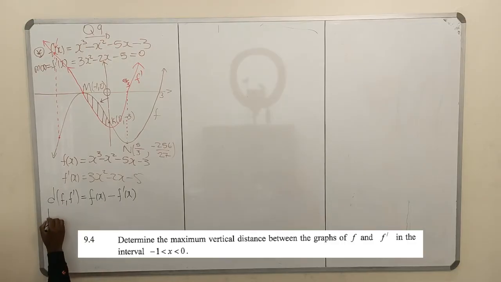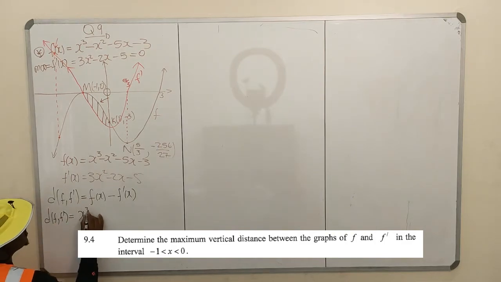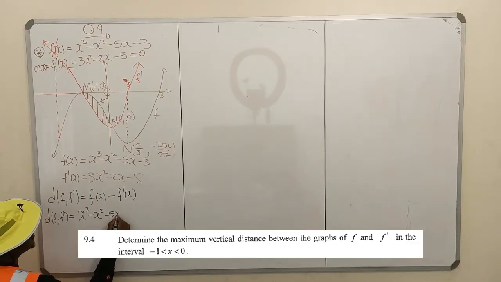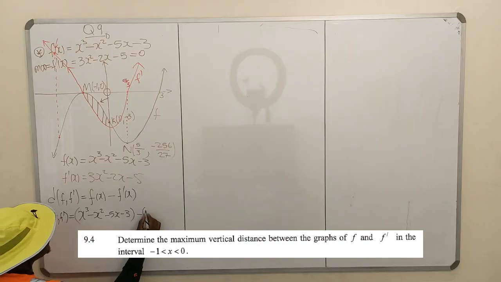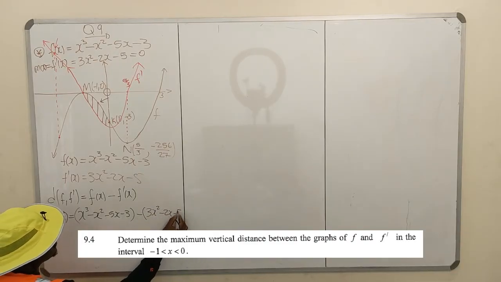So what is that? Distance between f and f prime will be equal to f. What is f? It's x cubed minus x squared minus 5x minus 3. This is your f, this one, right? Minus your f prime of x. What is your f prime of x? It's 3x squared minus 2x minus 5.